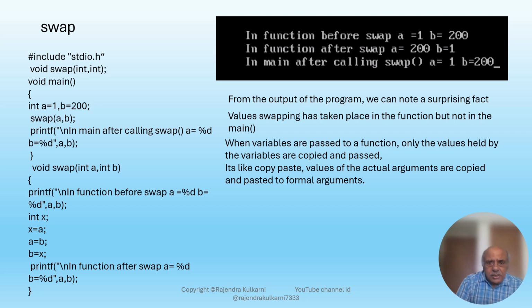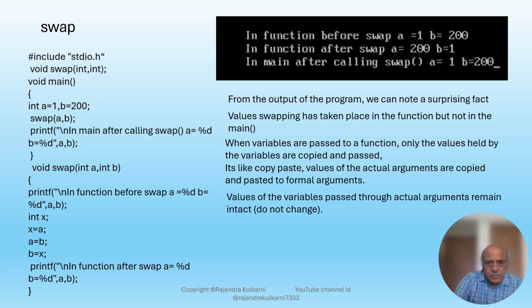It is like a copy paste. Values of actual arguments are copied and pasted to the formal arguments. This is a simple way of saying that the actual arguments' values are assigned to the formal argument variables.